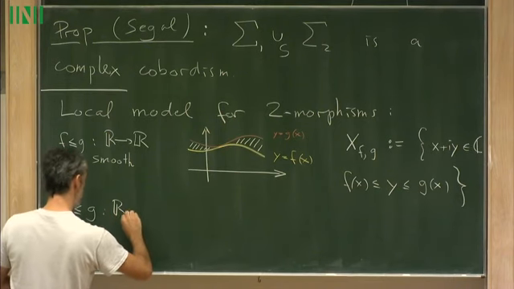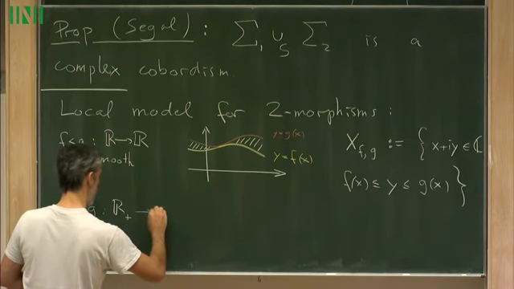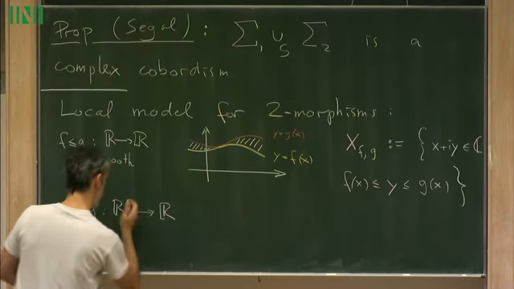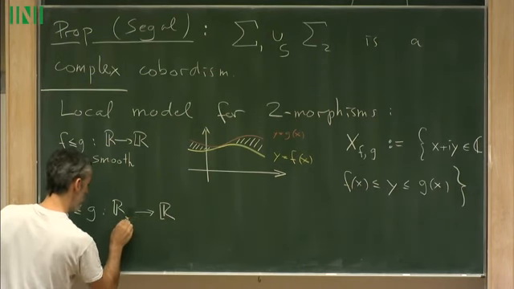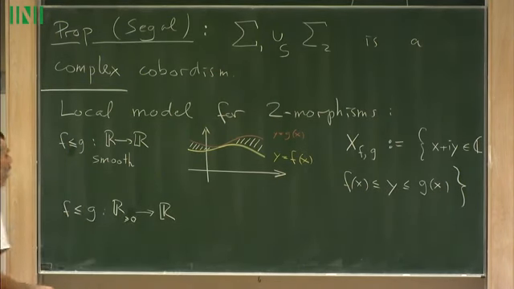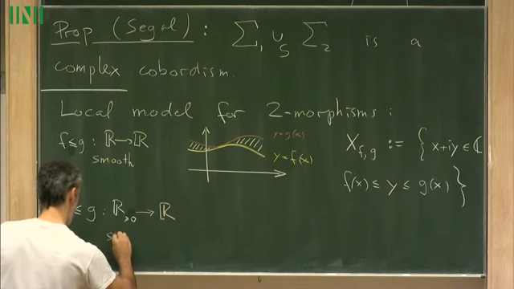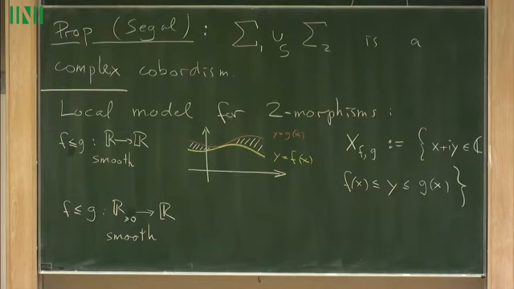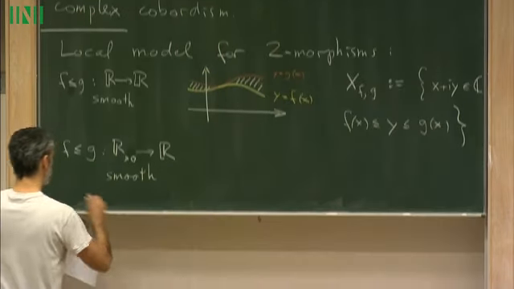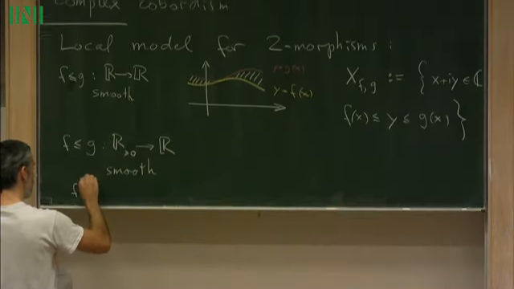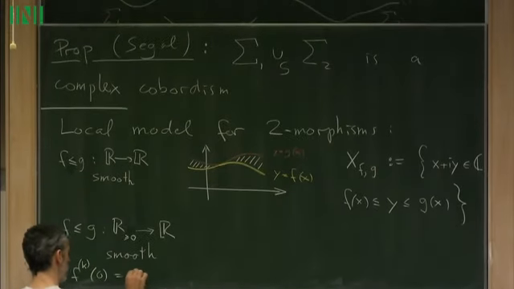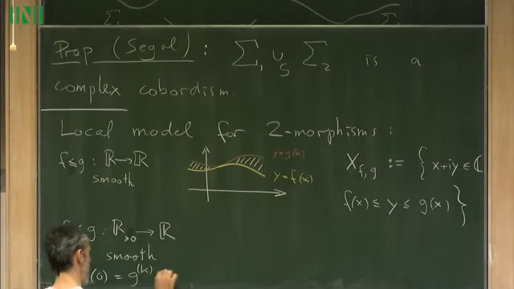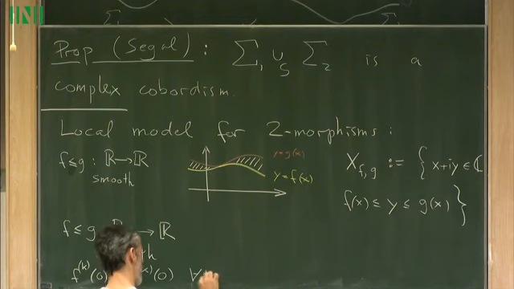Now this is R plus, and let me be specific, bigger or equal to 0, to R smooth. There's going to be an extra condition, which is that all the derivatives of f at 0 agree with all the derivatives of g at 0. If I have one of these things, I need to be able to glue these things together.